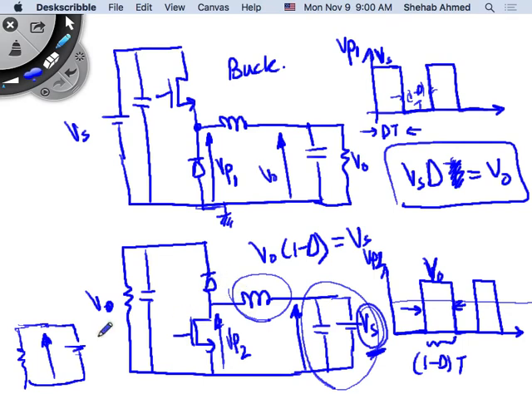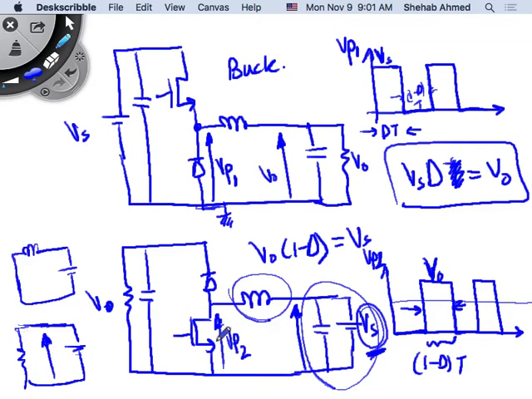The inductor will be a short circuit, and I just have this. There's no need for the circuit anyway. Same thing when D is 1. If D is 1, I have the switch on all the time, and the equivalent circuit looks like this, right?